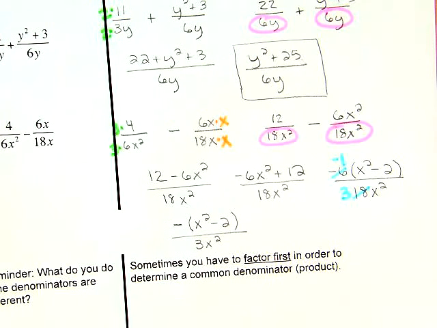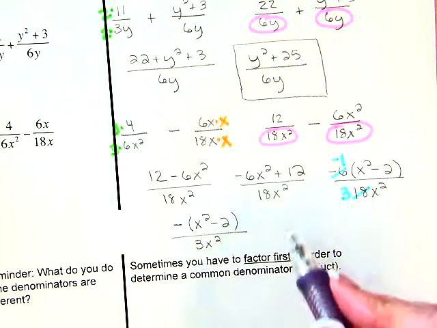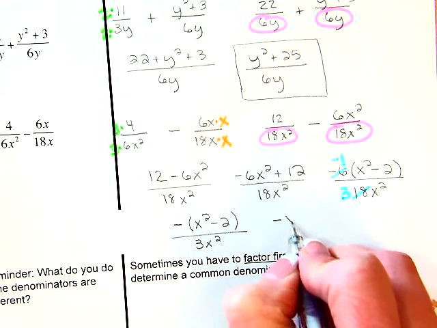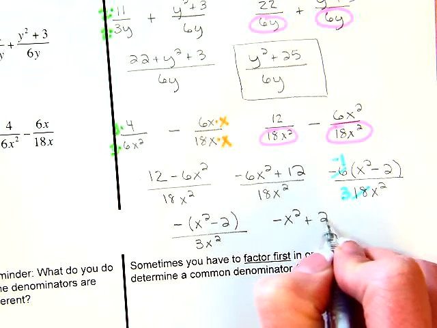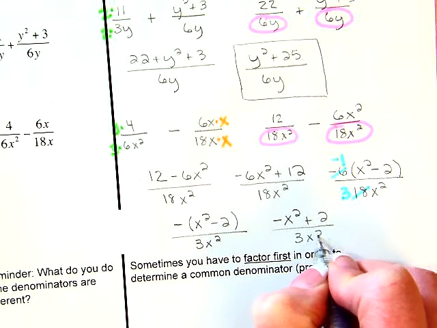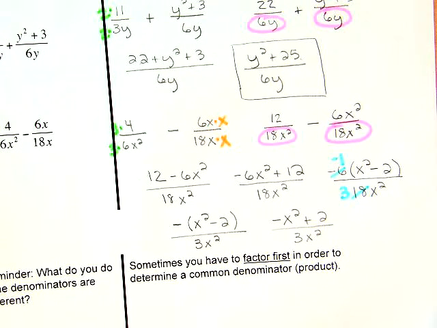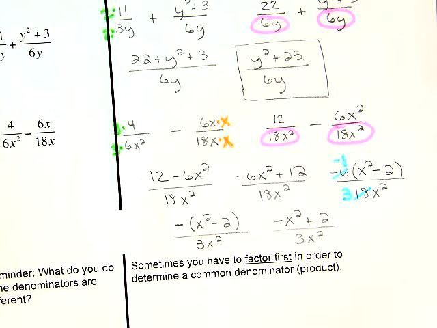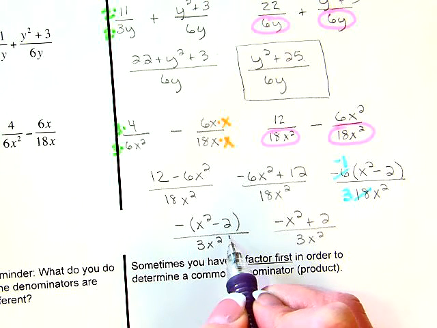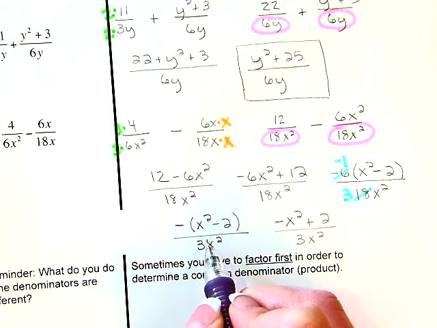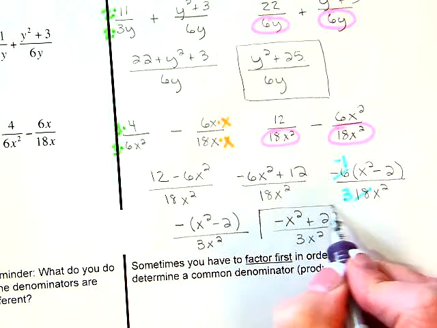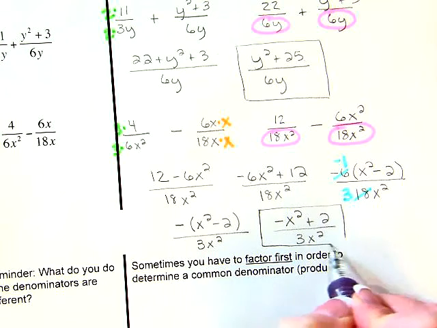Okay, so that's one answer. Now, if you did not take out the negative 6, your answer would just look like this: negative x squared plus 2 all over 3x squared. Either one is fine. It doesn't matter. Technically, with the parentheses still left here, that's not totally simplified, so this may be the best answer right there.